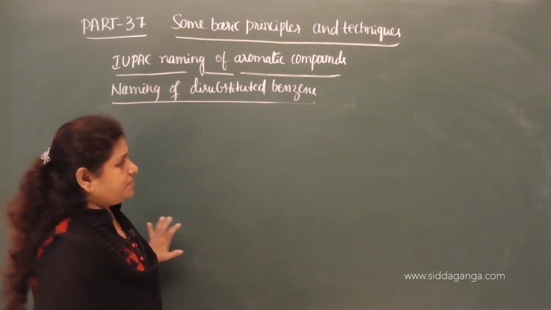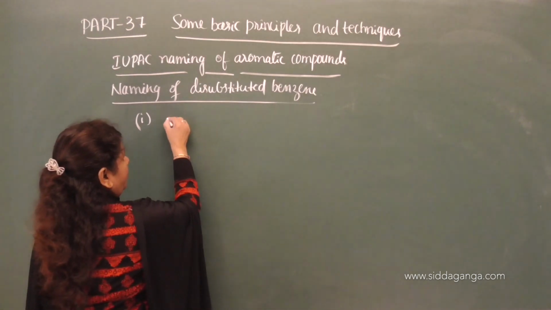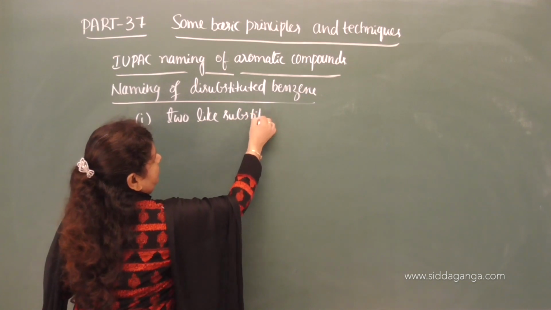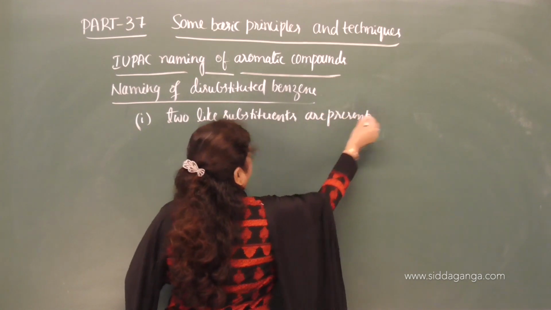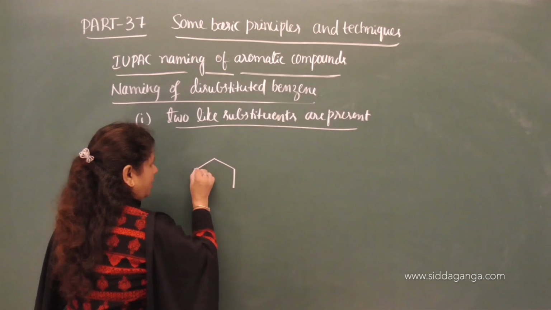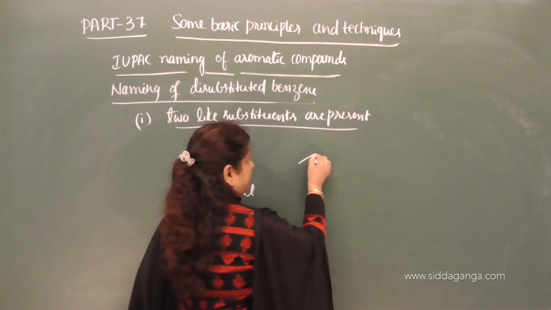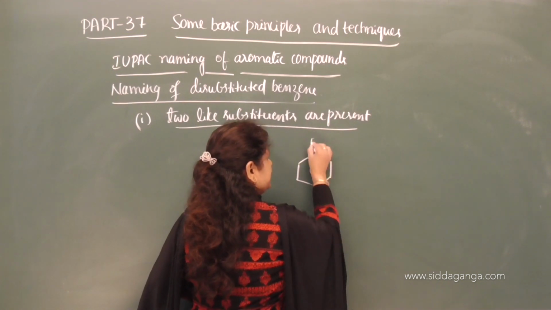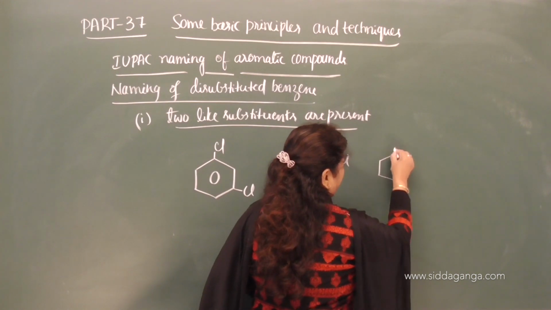See here, the first condition: if 2 like substituents are present, the similar substituents, then, so here is a compound with Cl, like substituents I am giving, Cl, and here one more Cl.